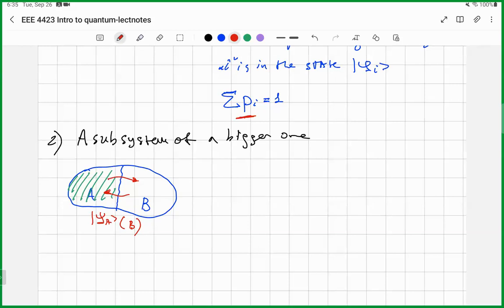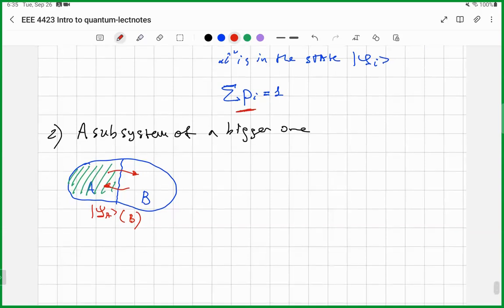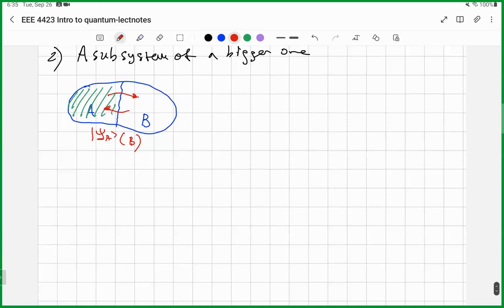Okay, so again, in this case, it's not enough to have just one psi vector to describe this case. And this is an important case because this subsystem A can be, for example, our quantum dot we just discussed, right? Like a small piece of matter that can capture one electron.